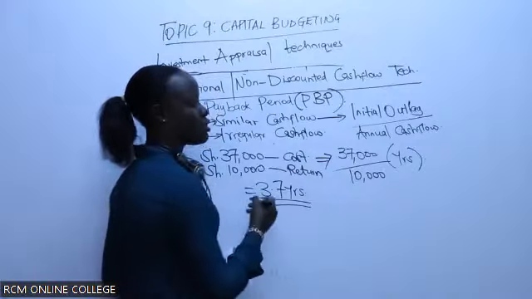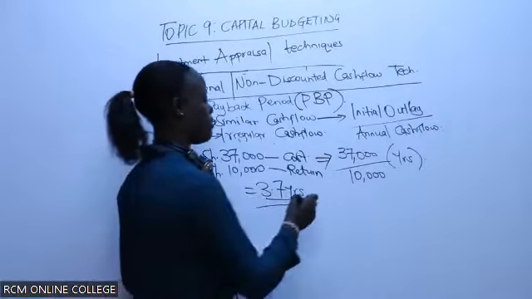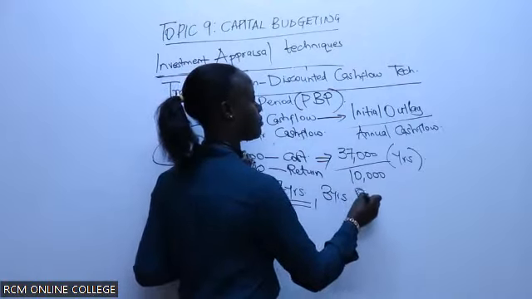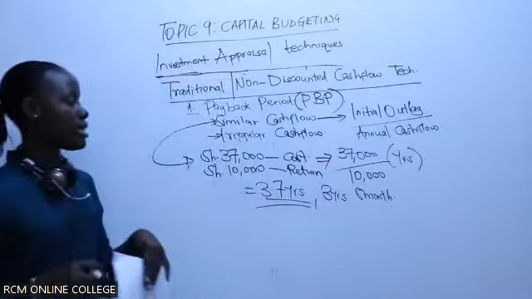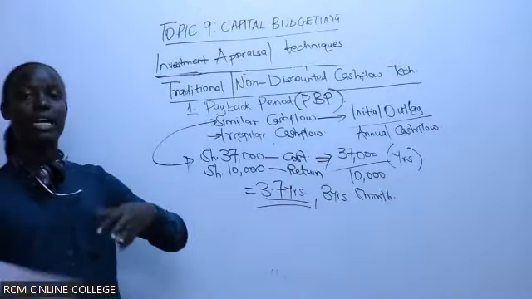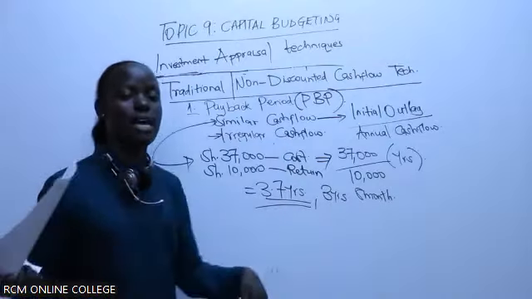This can also be changed into months, where we can have 3 years, 8 months. Why am I saying this? It's because some questions will require you, or direct you, to provide your answer in years and months, not as a decimal.